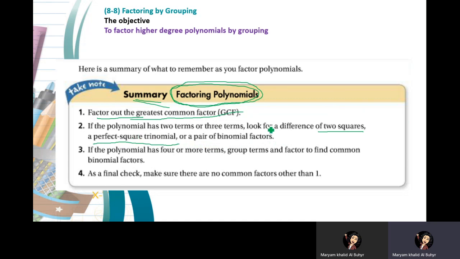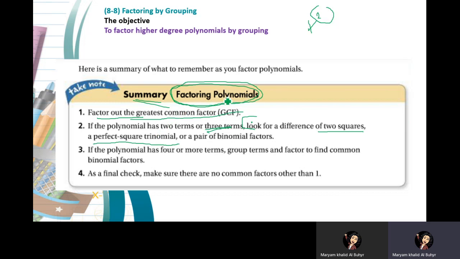So if you have 3 terms, I mean a polynomial with the greatest power 2, you can use the rules, that is the special case that we learned.